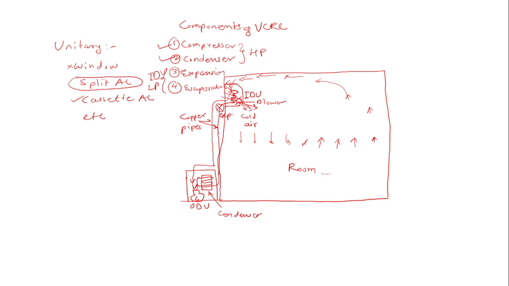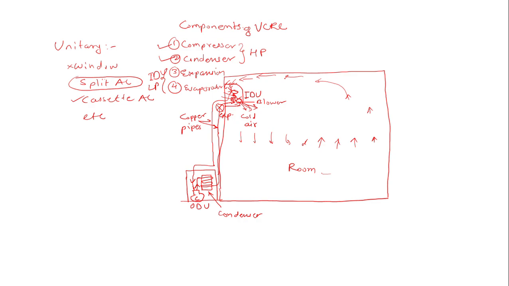The refrigerant flowing in the evaporator absorbs the heat from the air flowing over the coil. The air becomes cold because it is giving its heat to the refrigerant, and that cold air will again be supplied over here as the supply air.